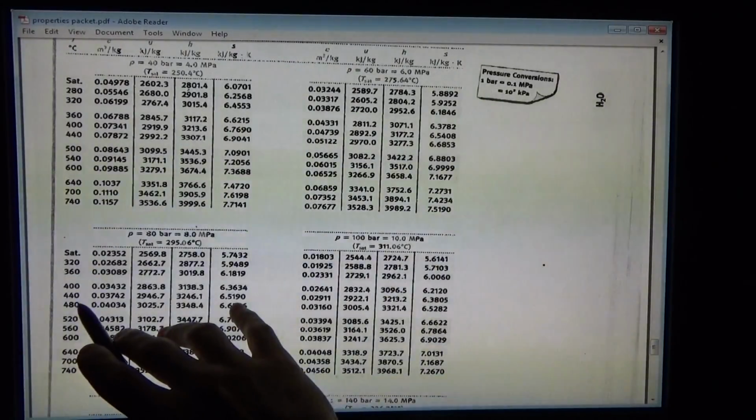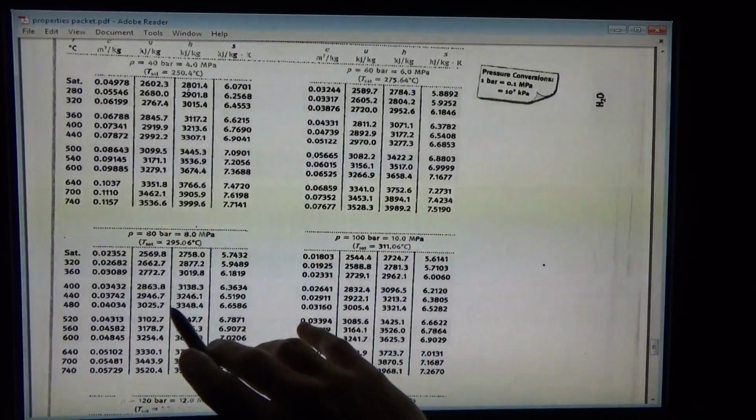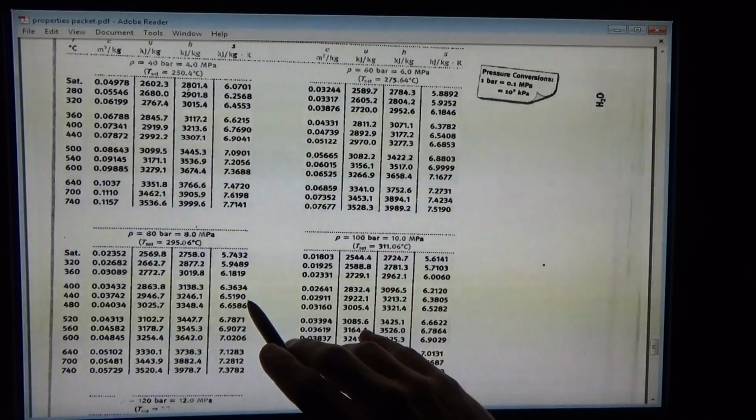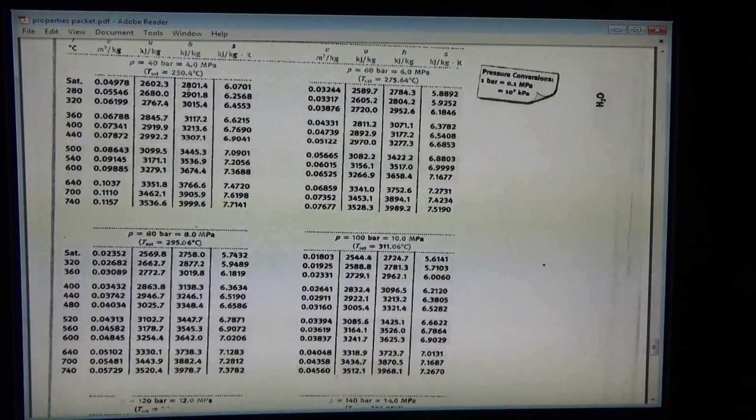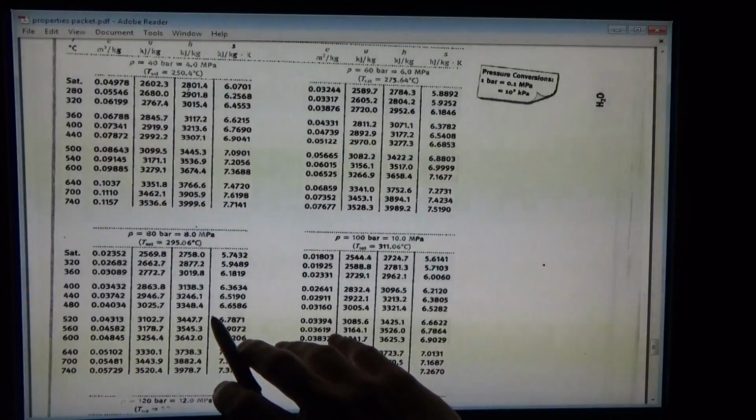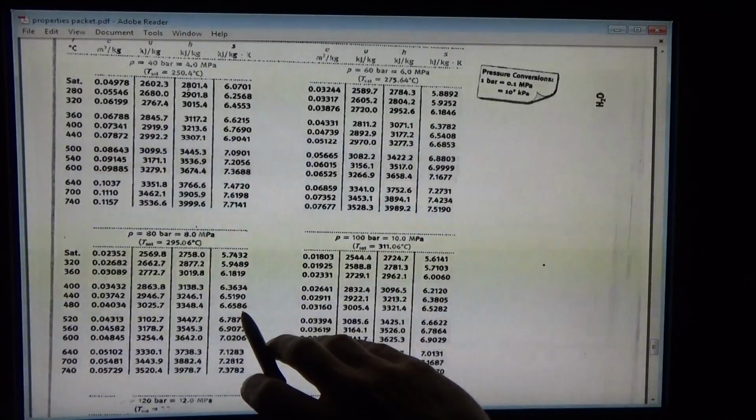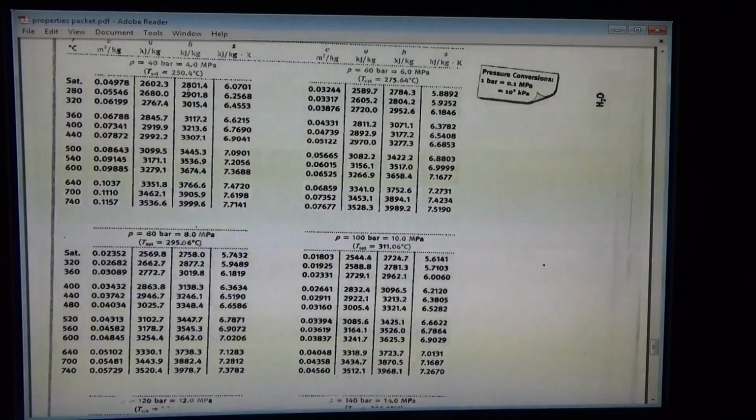It's okay, we'll change that. So at 440 and 80 bar, we have 6.5190. Change this to 480. At 480 Celsius and 80 bar, we have 6.6586.